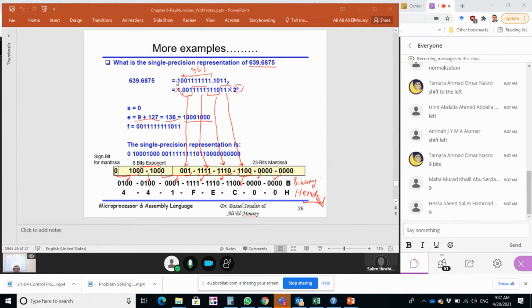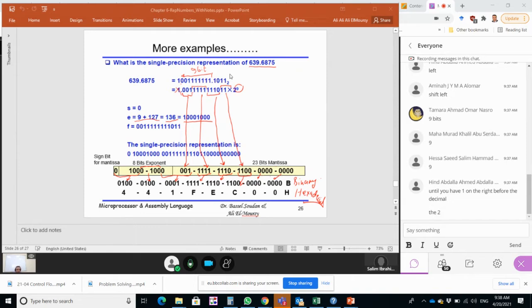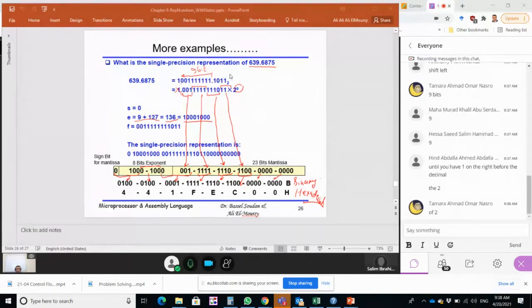When I shift numbers to the left, I am raising the powers of... where is the powers of? احنا هنا بنتكلم على binary. So I'm raising the powers of 2. For how many times? For 9 times.